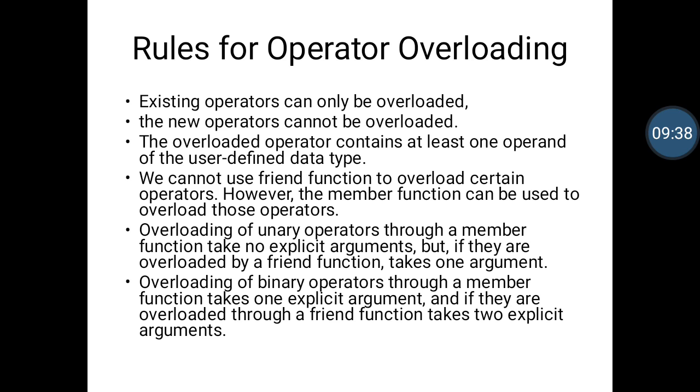The next rule is that overloading of unary operators through a member function takes no explicit argument, but if they are overloaded by a friend function, it takes only one argument. Overloading of binary operators through a member function takes one explicit argument, and if they are overloaded through a friend function, it will take two explicit arguments.